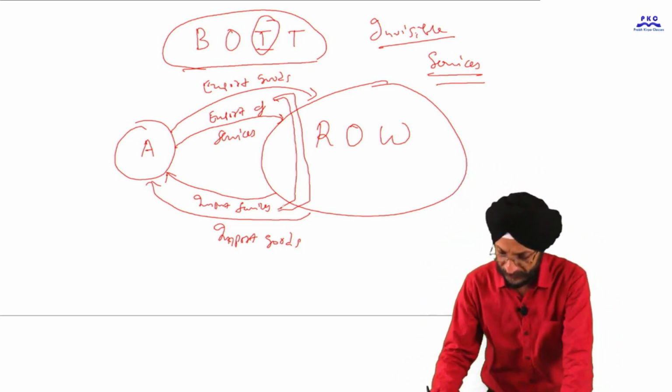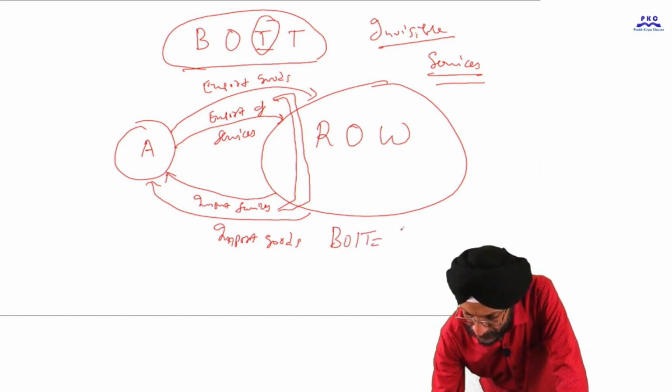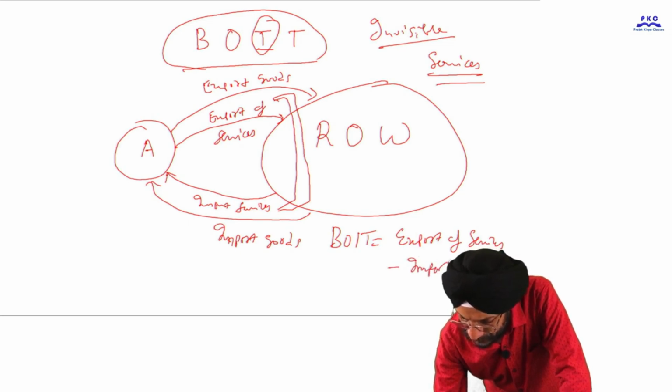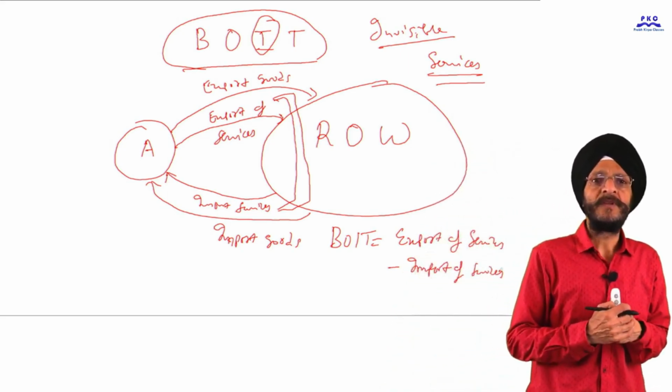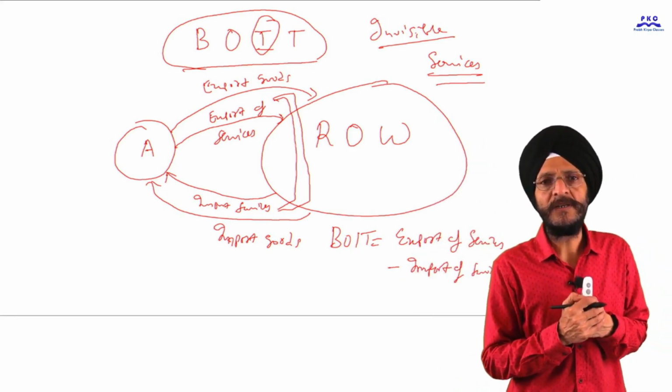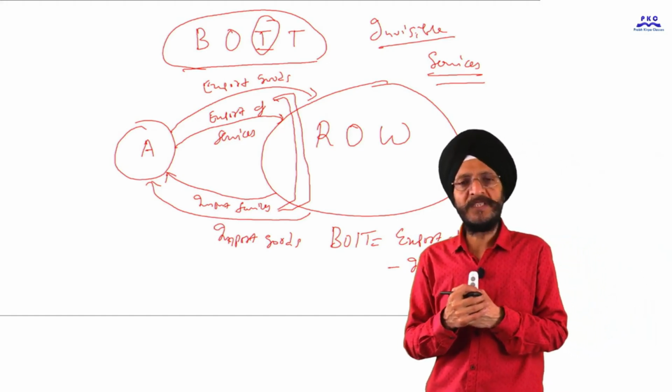So balance of invisible trade is equal to the difference between the value of export of services minus import of services, or value of export of invisible items and import of invisible items.